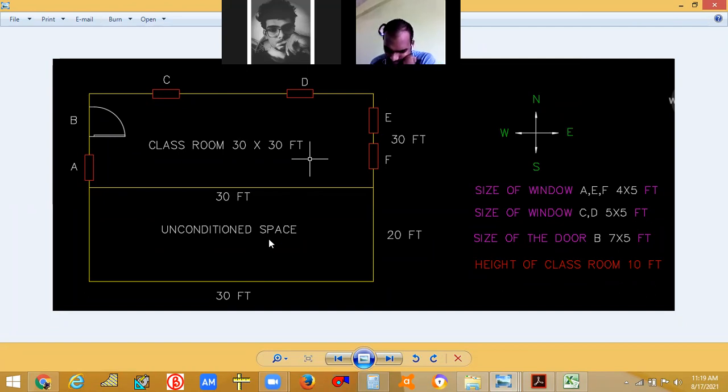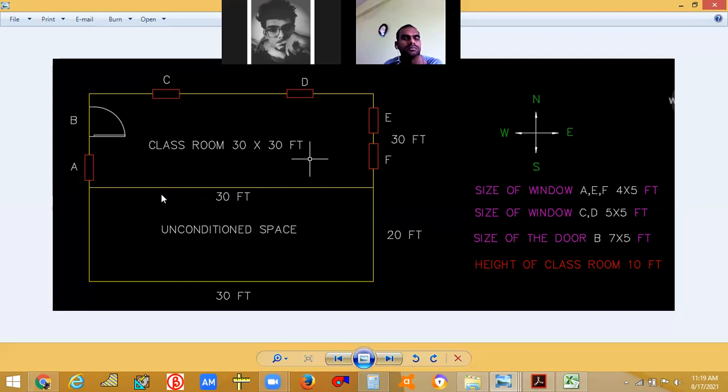We can say it only when one room is conditioned and the other is unconditioned. If both rooms were conditioned, we won't call that wall a partition wall. So now we can call it a partition wall, because this side is an unconditioned space and this is a conditioned space.